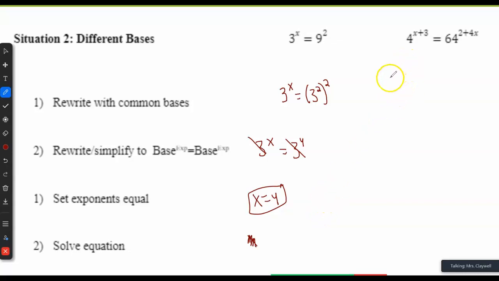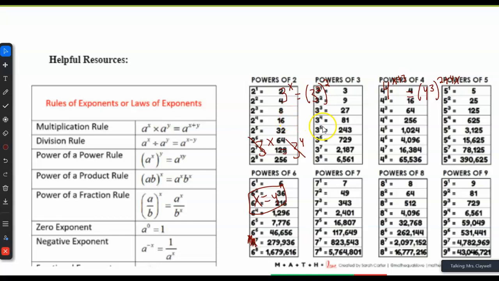On the right side, 64 and 4 have the same base, 4. 64 is 4 to the 3rd. If you need help seeing that, go back to your table.